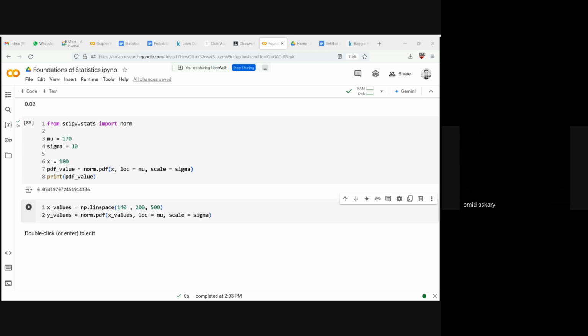This is now the visualization of these values.